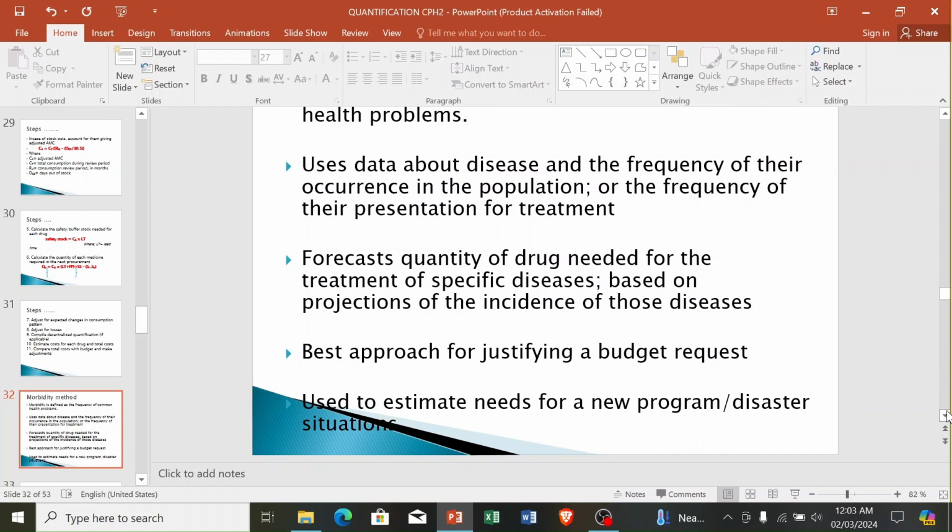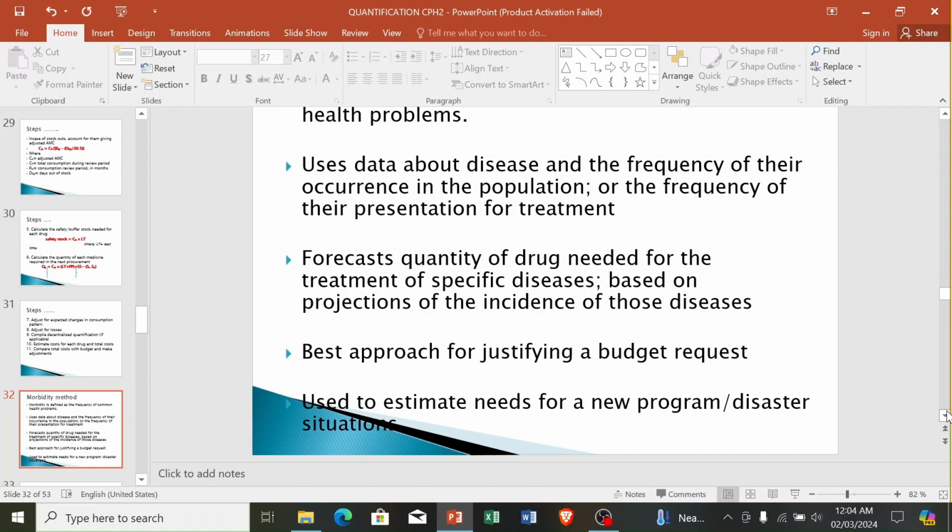Like when we had COVID-19, the facilities had to adjust. The facilities were looking at how many people are suffering from this, how many people are affected. You find that the whole nation, the whole world was affected. So they were able to quantify a number of oxygen cylinders, a number of vaccines to vaccinate the people against the disease.